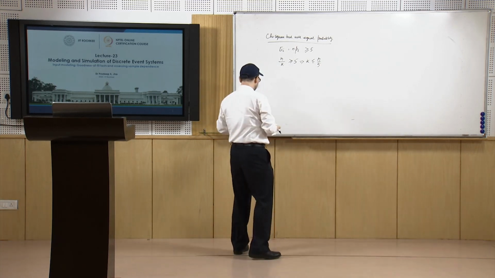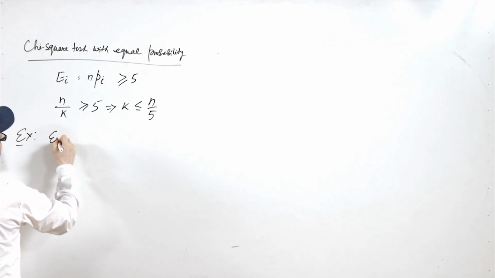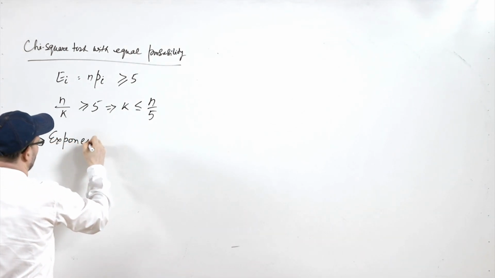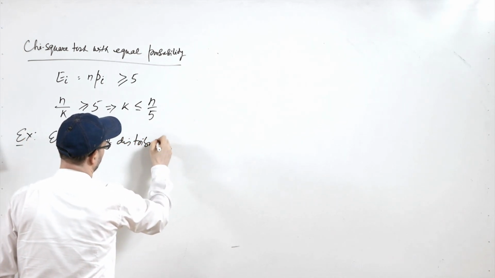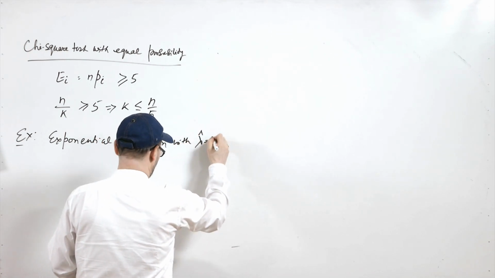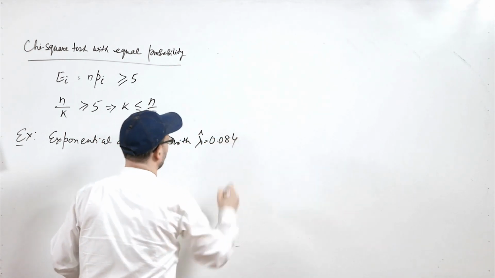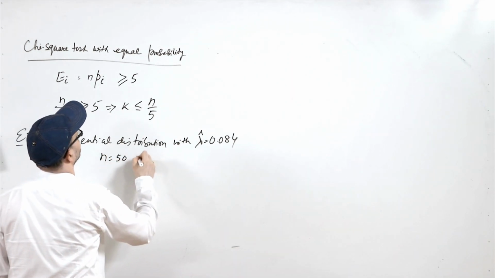Now, suppose we take the example of an exponential distribution with lambda as 0.084 and you have n as 50 observations.